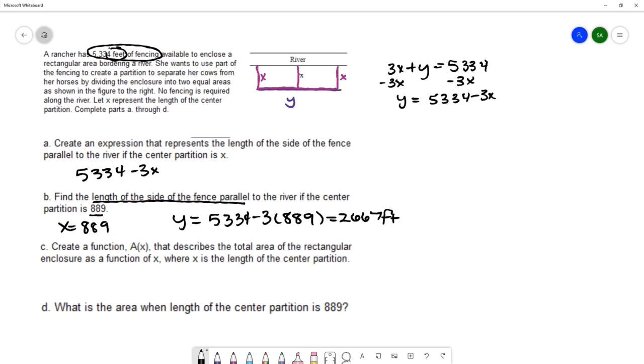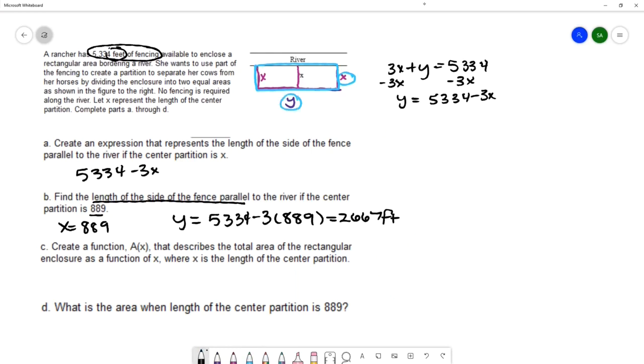So then we want to create a function that represents area, the area of these two enclosures. So if we're finding the area, we're going to find the area of this big one here. And we can use our normal area formula, which is length times width.